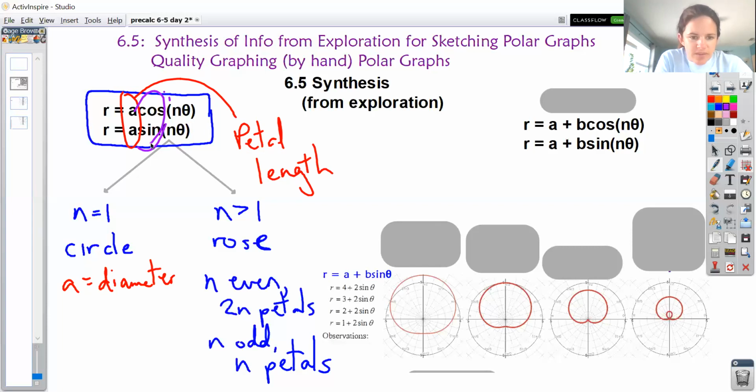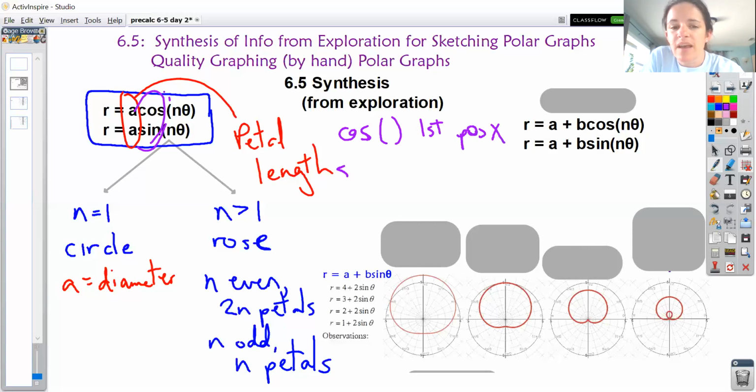For the roses, we talked about that if it was a cosine graph, I know I don't have an argument here, but if it was a cosine rose, that the first petal was on the positive side of the x-axis.